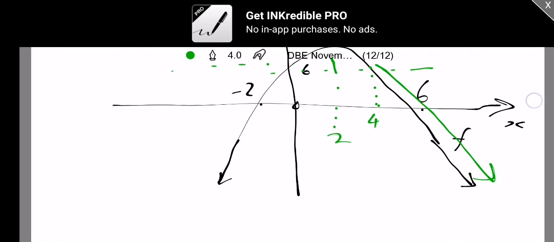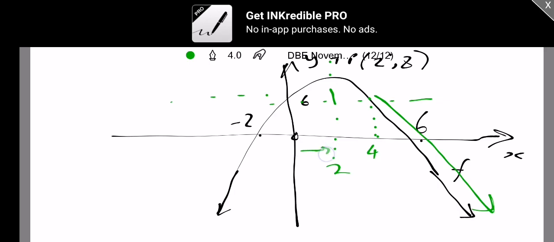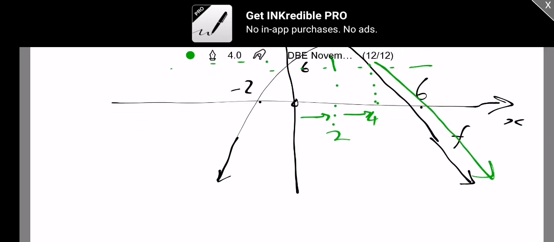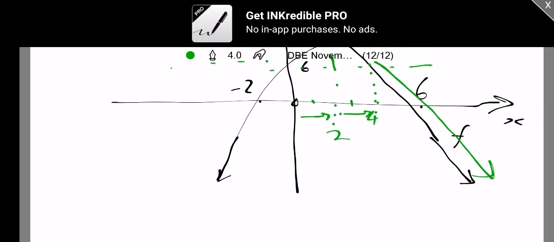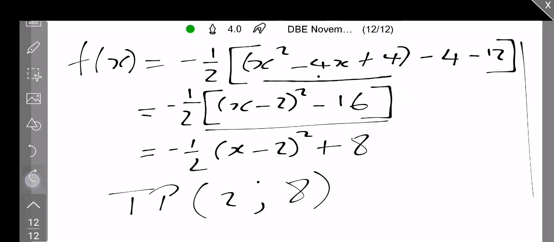From here to here it's 2, meaning from here to here has to be 2. The distance from 0 to 2 and the distance from 2 to this point has to be equal about the axis of symmetry. So that's the reason it is 4. I'm just going to undo all the mess.